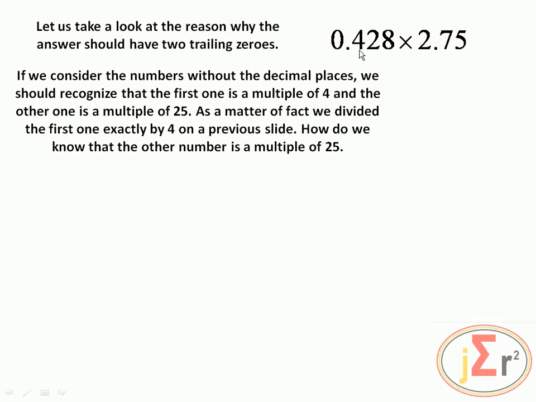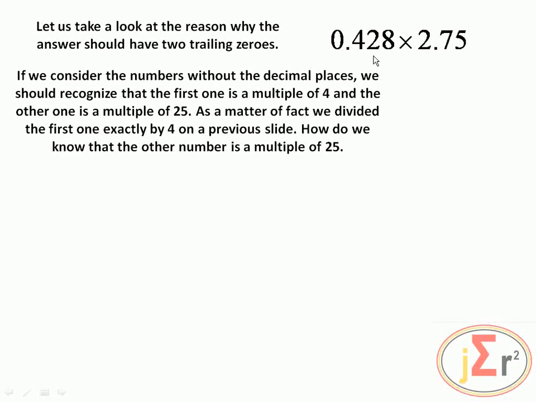Therefore, if this were not 428 but 528, this would still be a multiple of 4 because this 28 is a multiple of 4, and whatever we put in the hundredths position does not matter because 100 is a multiple of 4. So as long as this is a multiple of 4, it does not matter what number we have here. However, this 4 also is a multiple of 4, so that makes life even better for us. So we are sure that this number is a multiple of 4.